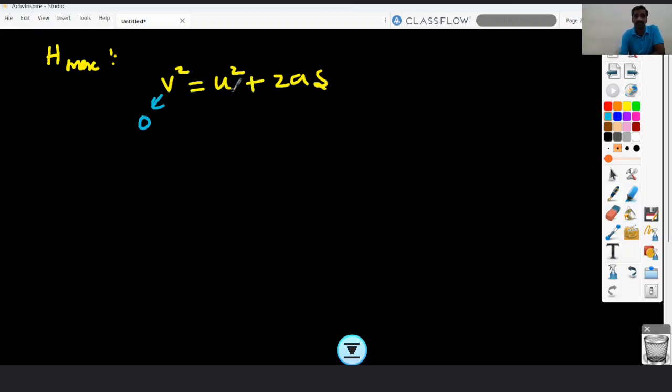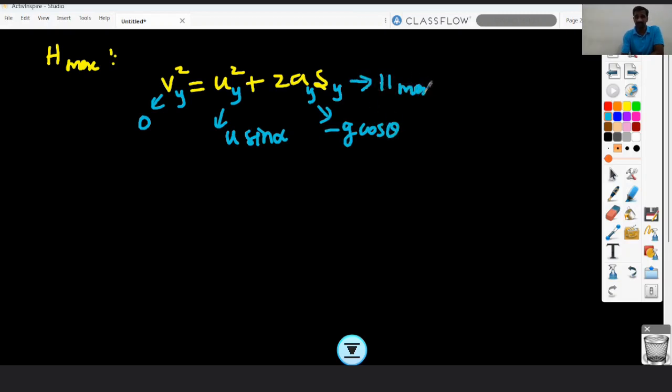So we use the y component of the velocity, everything along the y direction only, because it is the maximum height attained by the projectile. So uy we substitute u sin alpha, ay is minus g cos theta, and sy we substitute h maximum.